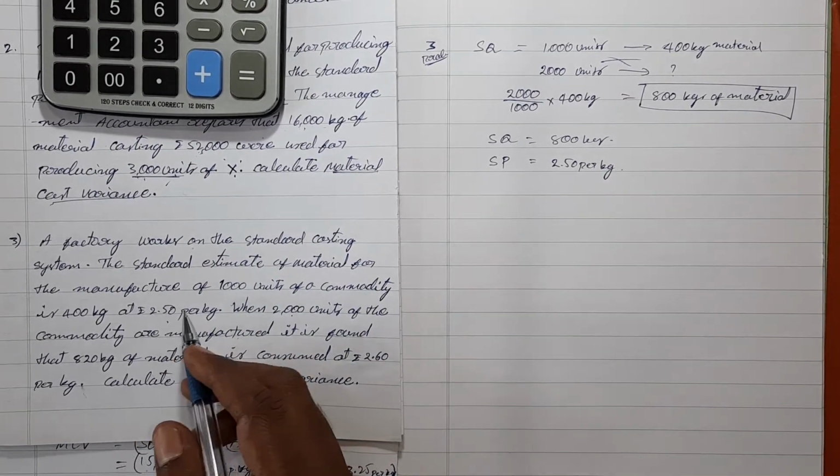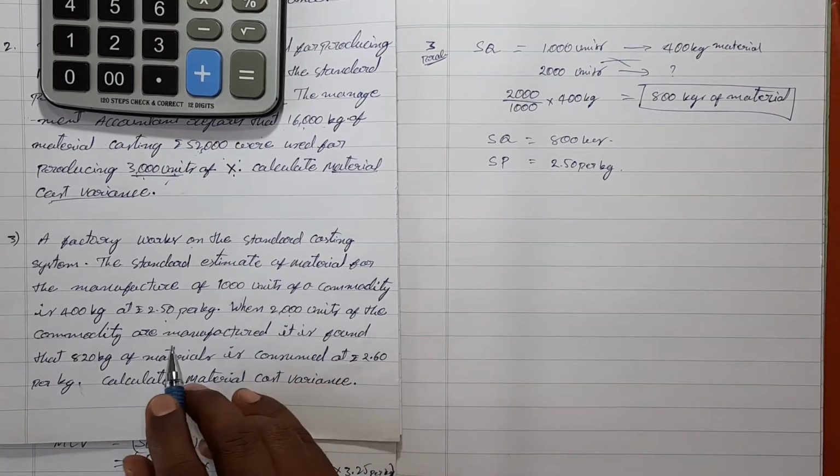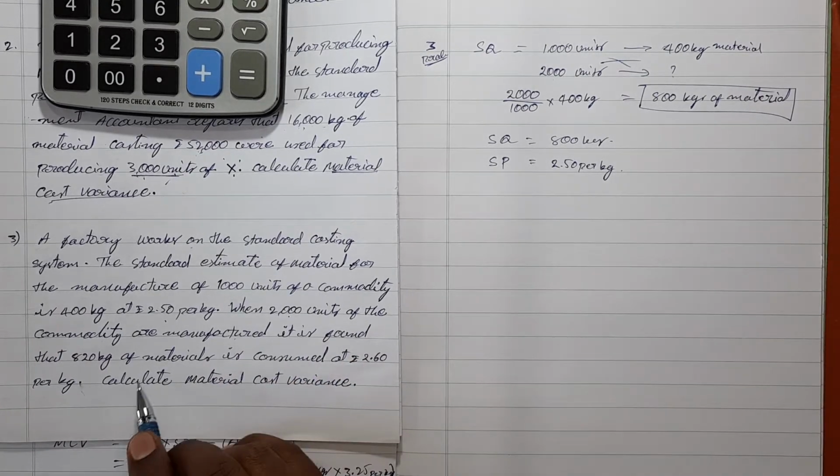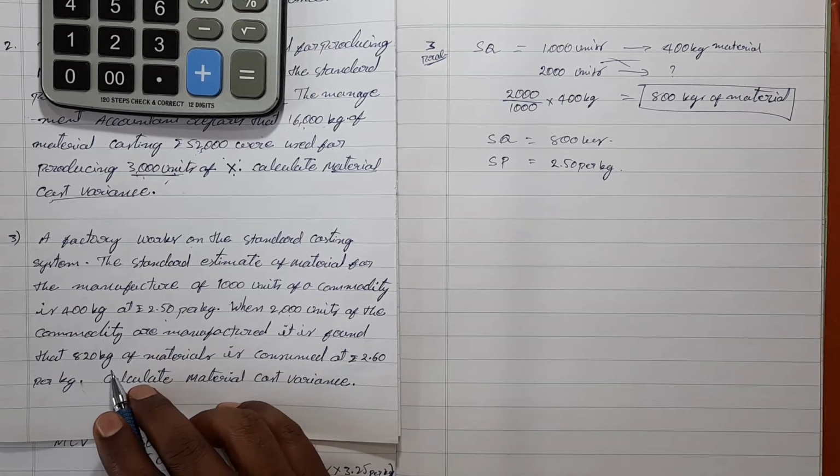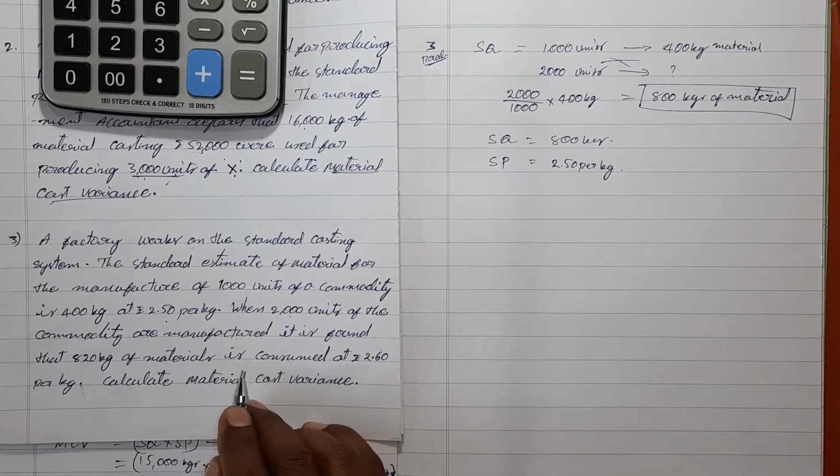And when 2000 units of the commodity are manufactured, it is found that 820 kgs of material is consumed.